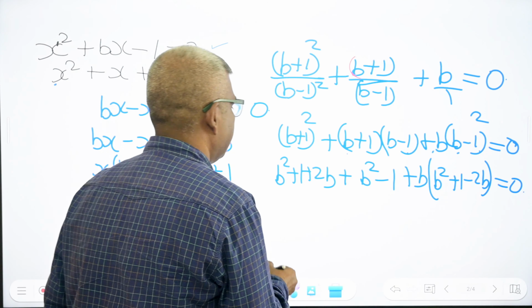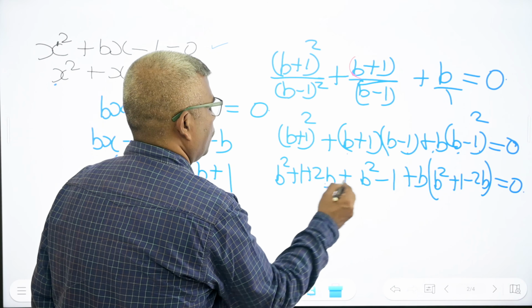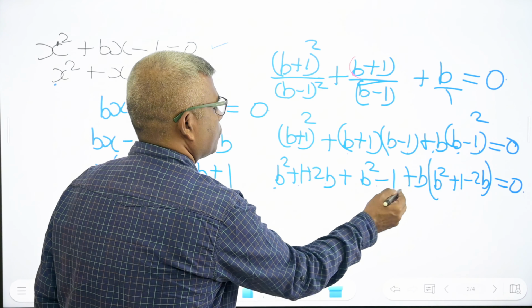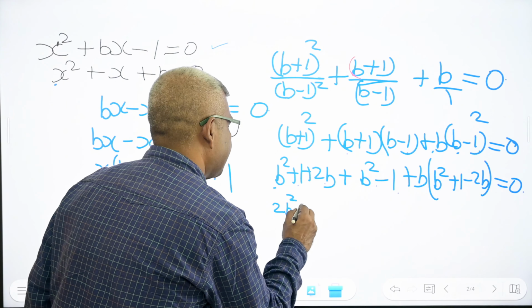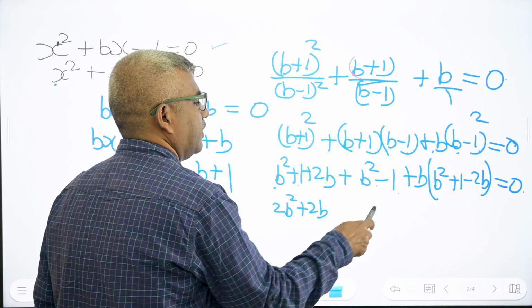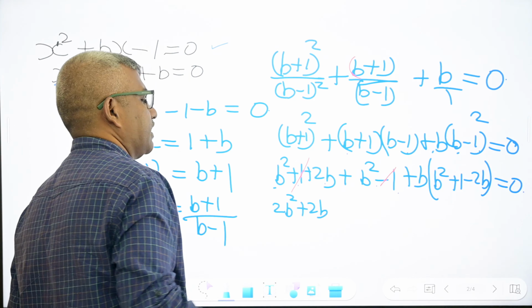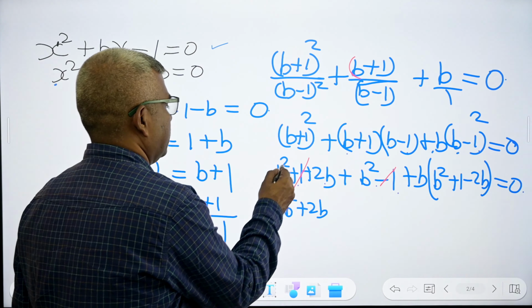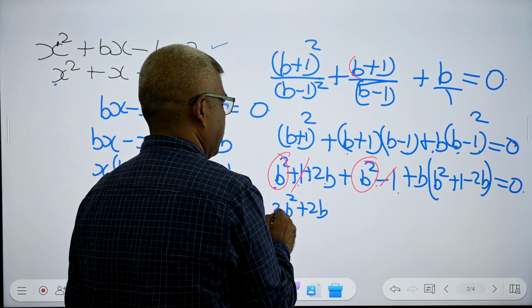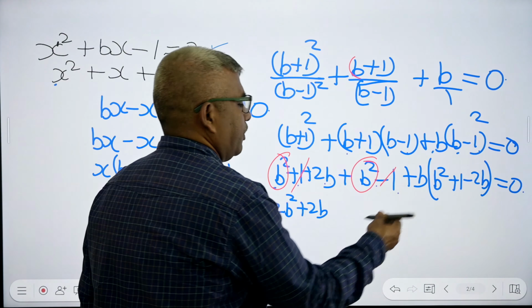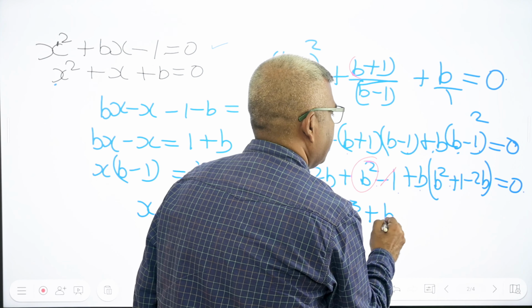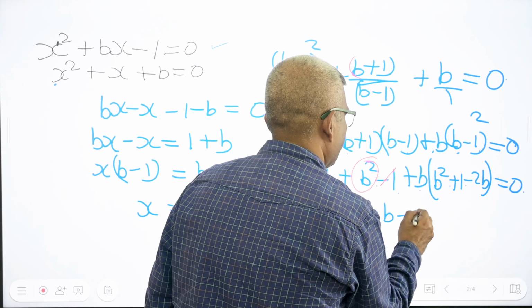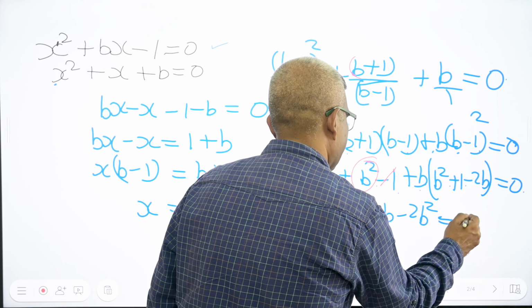Again I expand. 2b squared. This 1 minus 1 will be cancelled. 2b squared plus 2b, this will be cancelled. Okay, this b squared, 2b squared plus 2b plus b cube, I am expanding, plus b minus 2b squared is equal to 0.